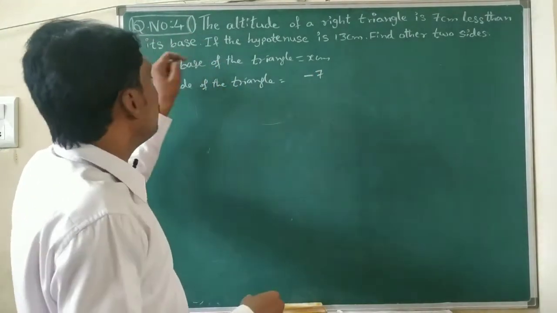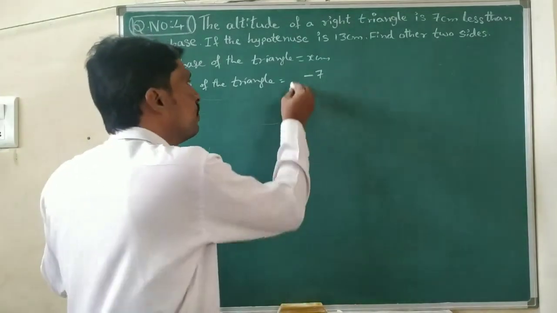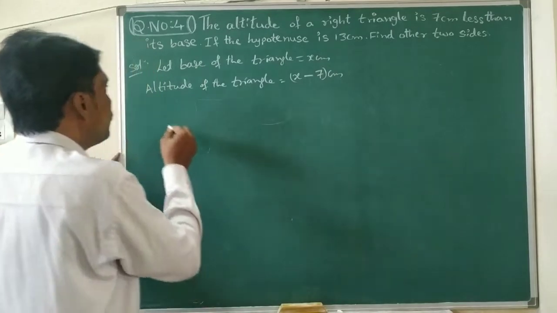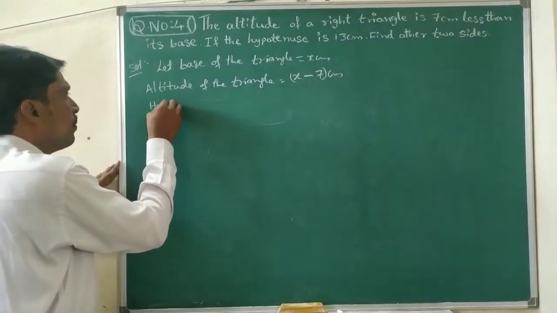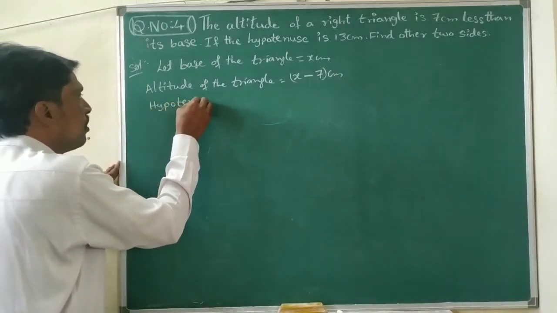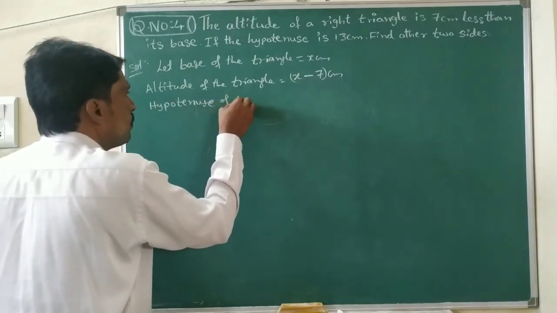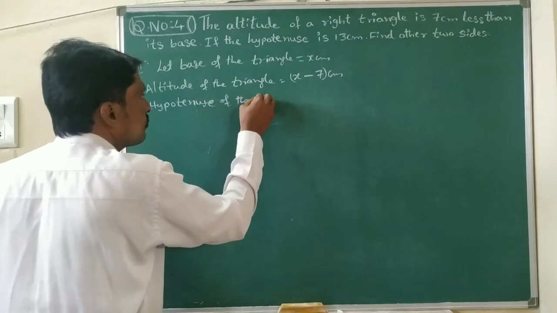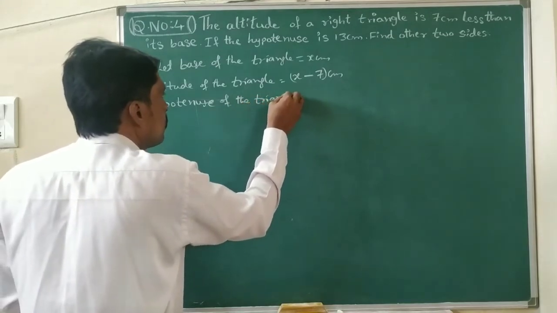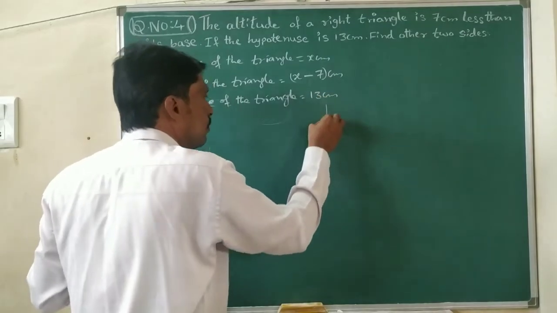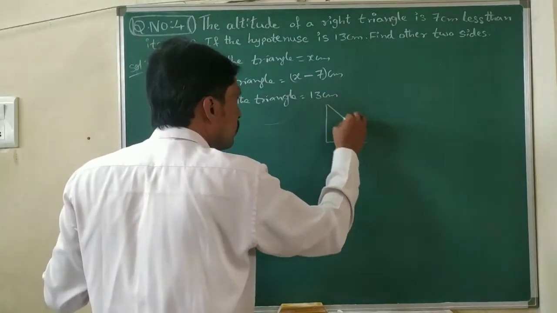So its base minus 7 means x minus 7 centimeters. The hypotenuse of the triangle equals 13 centimeters.